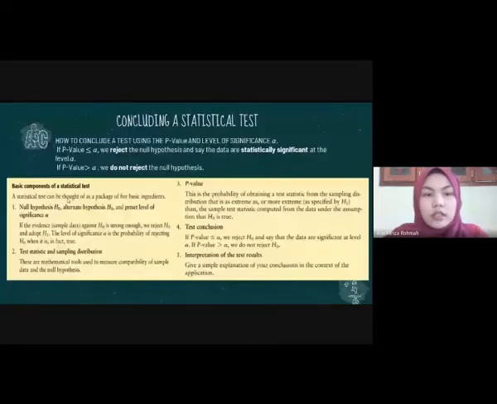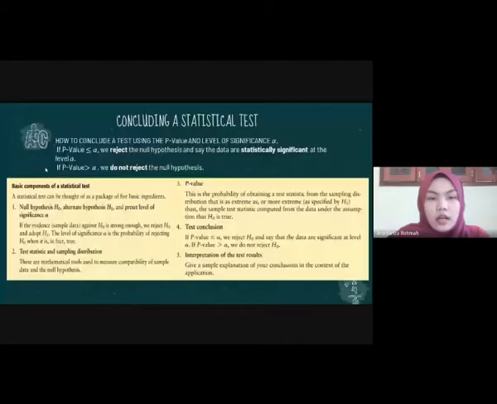And these are the basic components of a statistical test. A statistical test can be thought of as a package of 5 basic ingredients. One, the null hypothesis, the alternate hypothesis, and a preset level of significance alpha. If the evidence against the null hypothesis is strong enough, we reject the null hypothesis and adopt the alternate hypothesis.